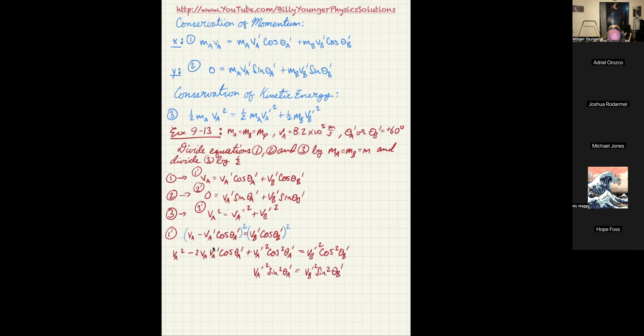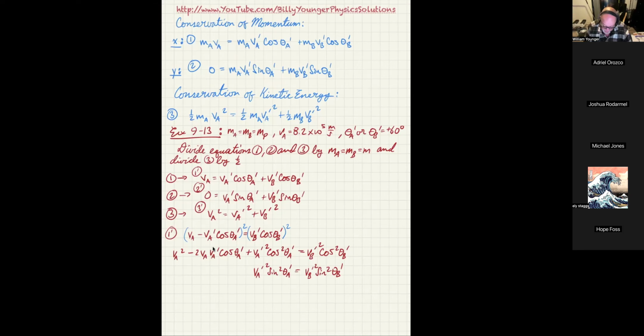So the beauty of this is hopefully you're seeing it now. Anybody see anything that jumps out? Feel free to tell me what you're thinking. What you might notice is if we add these two equations, then the VA prime squared term is going to become VA prime squared times sine squared plus cosine squared, and sine squared plus cosine squared is 1.